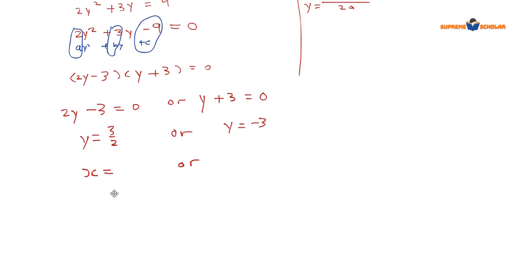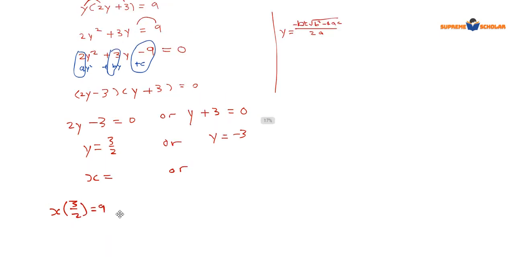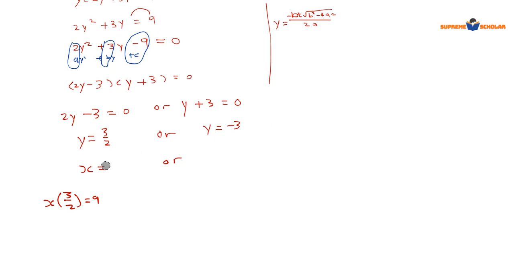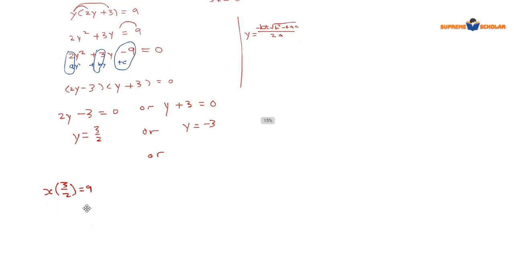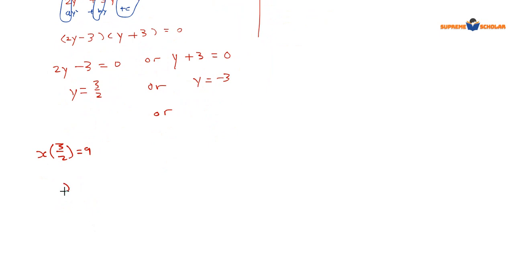So if we substitute this in, then we get x times 3 over 2 equals 9. That means that x will be equal to 9 divided by 3 over 2.